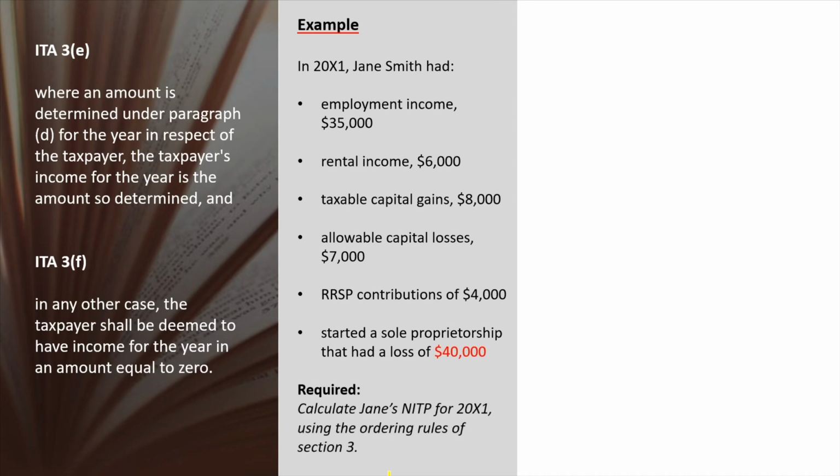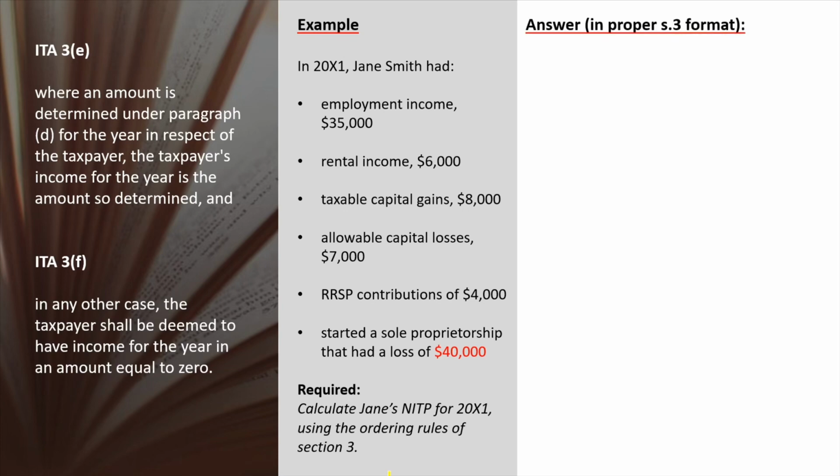To have employment income of 35,000, but a business loss of 40,000 for a proprietorship, Jane must really believe in this business. But anyway, the required is once again to calculate Jane's NITP for 20X1 using the ordering rules of section 3.